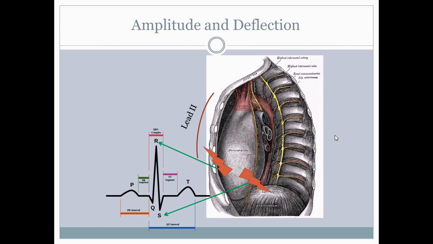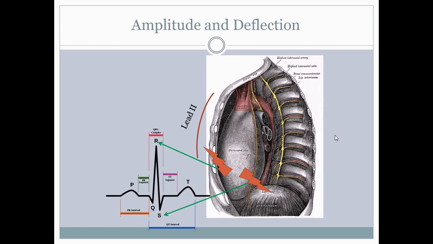You'll see here that I made a little diagram with the Gray's Anatomy plate. The red line that you see anterior to the chest wall represents the imaginary line that is lead 2, moving from the right arm to the left leg, quote unquote. The signal that is coming from the anterior aspect of the heart is the left ventricle and a little bit of the right ventricle, but not much.